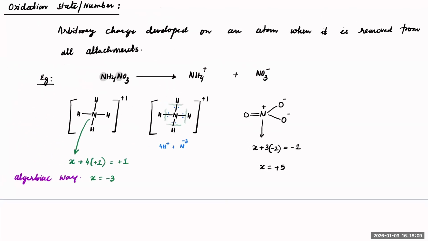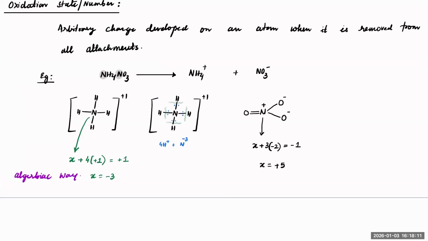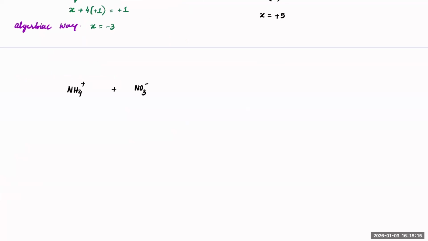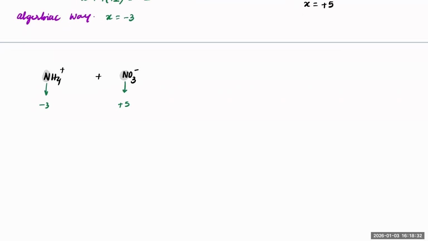So I can say that if I compare the oxidation state on ammonia and nitrate in these two cases, the oxidation state here is -3, and here it is +5. These are called oxidation states.